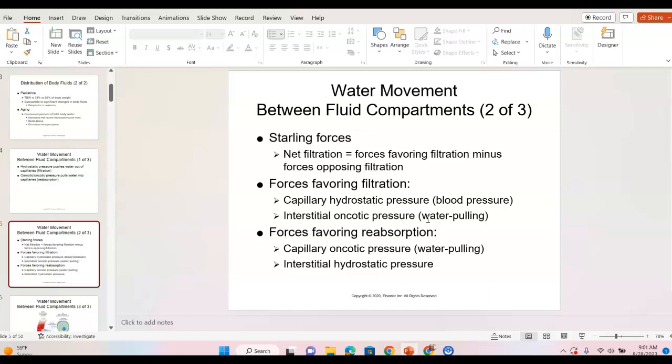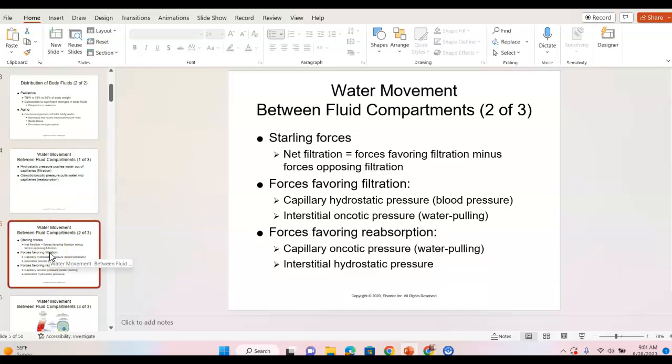And then as we get towards that venous side, we'll pull water back in. If we're not able to do that appropriately, we can get edema. Okay? And then this explains the reabsorption favoring, being able to pull that back into the venous system, compared to the interstitial hydrostatic pressure, which will be the ability of those interstitial tissues around that capillary bed to push it back in, but really it's going to be that oncotic pressure driving that.